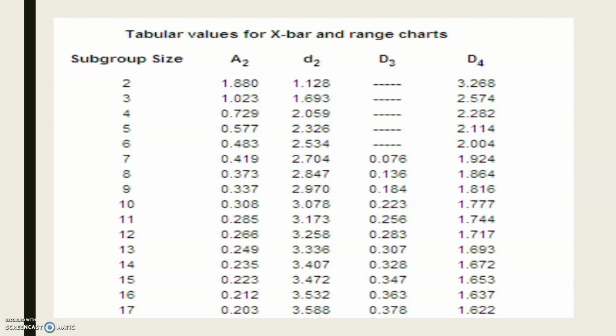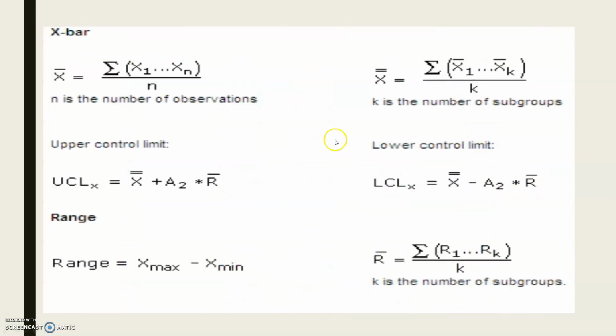This is example for the tabular value. We can see that we have subgroup 1 until 70 and also A for average, D2, D3 and D4. And this is a formula for the X bar.